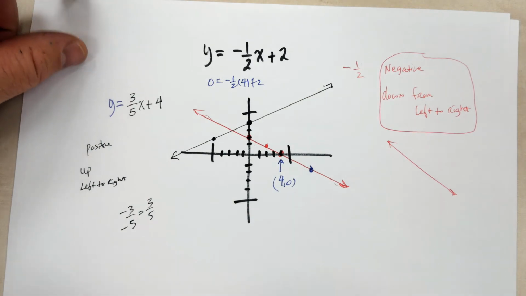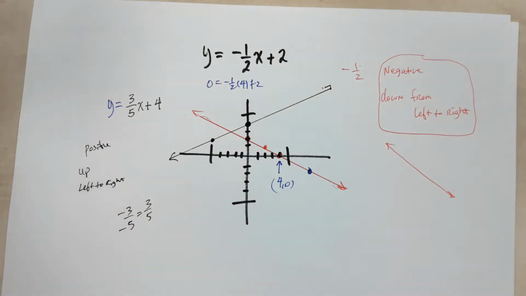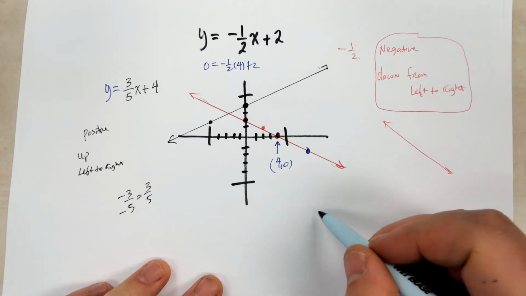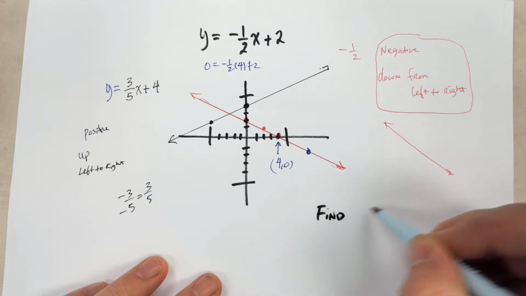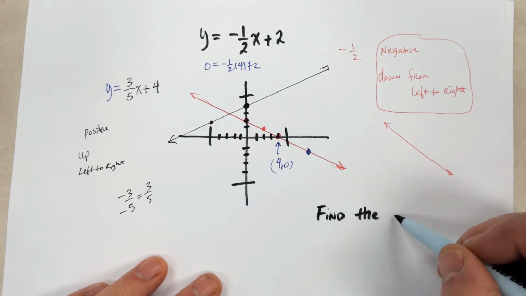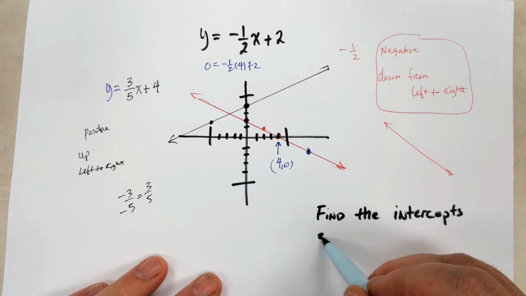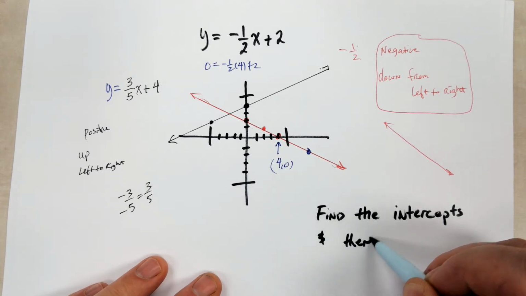So let's talk about this equation right here. We found that the x-intercept was 4. But let's say we didn't have a graph. Let's say it said find the intercepts and then graph.